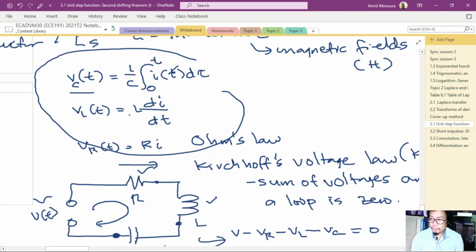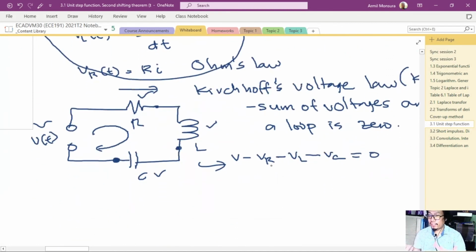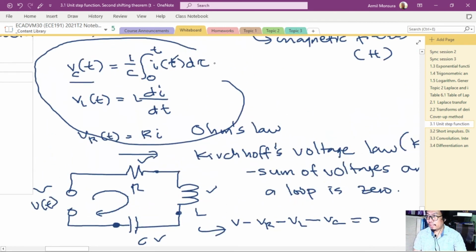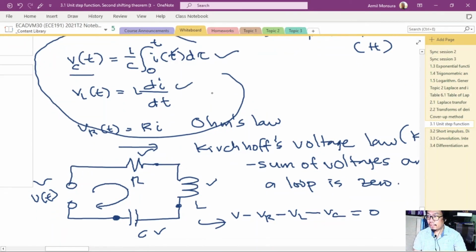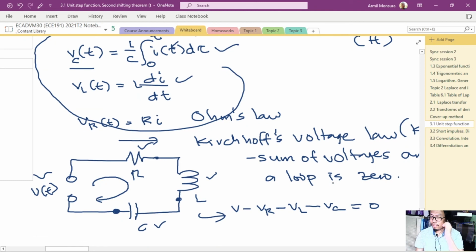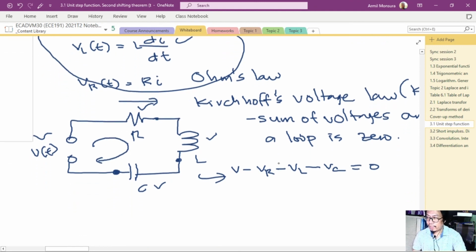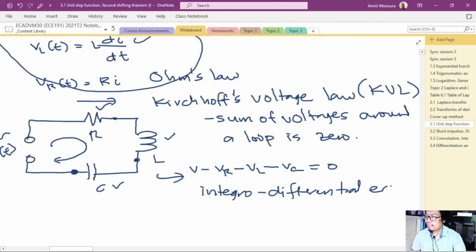Just imagine that if you have an integral and a differential appearing in a single equation, then that is what I call the integro-differential equation, which can be solved. It is possible that we can solve this kind of integral differential equation.